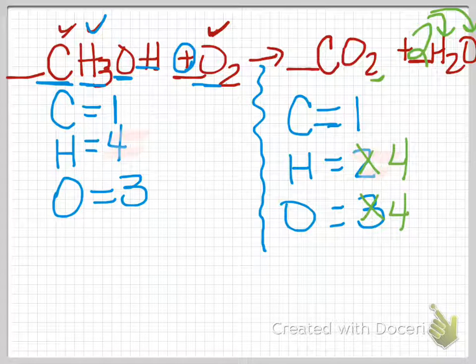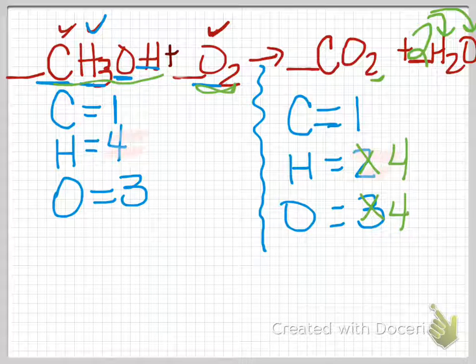Well, I have oxygens on the left side as well, but I have them in 2 spots. What 2 spots do I have? Let me move this plus sign over just a little bit. I have oxygens with the C's, H's, and O's over here, but I also have oxygen right here that's all by itself.